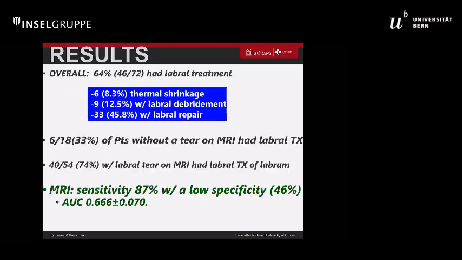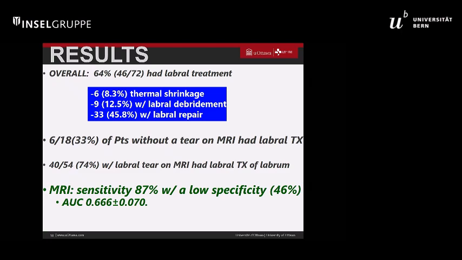So results. Overall, in the 72 patients, 64% had labral treatment, which was a variety: some terminal shrinkage, or what I call Botox of the hip, or some labral debridement, or labral repair in about 46%.